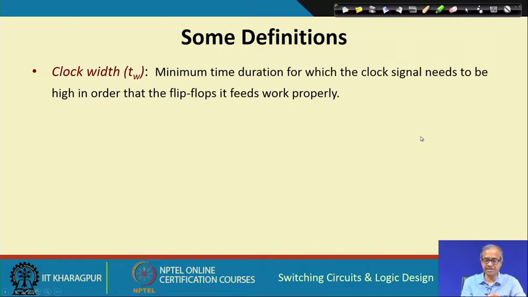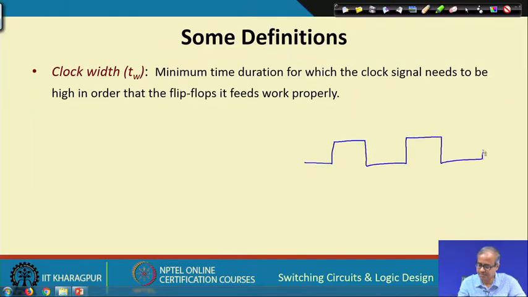The first definition we talk about is clock width. Clock width says, suppose this is my clock pulse. Now, I can even give the clock pulse like this, a very narrow pulse.